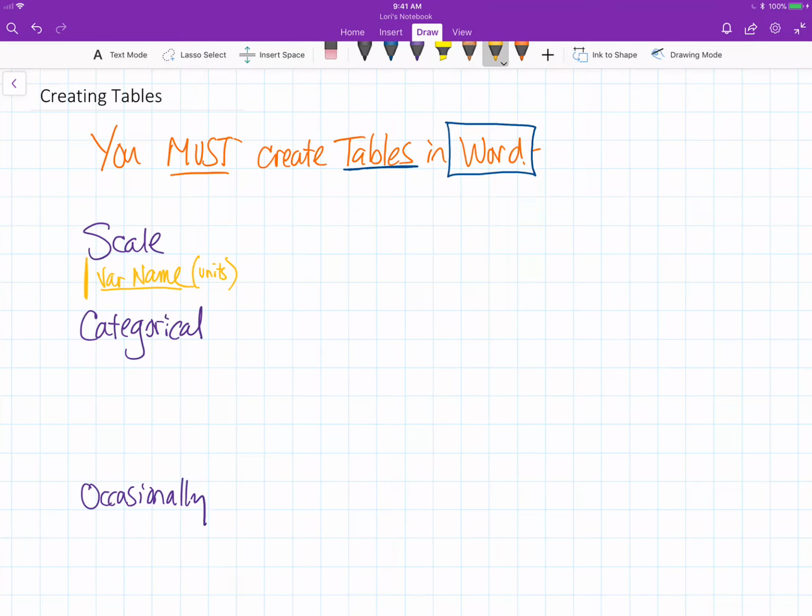So height in centimeters, BMI in kilograms per meter squared, different blood measurements in milligrams per deciliter. Those units in parentheses would really help to clarify if somebody is looking at that and may not be using the same units that you do, say, in your country or in your area.